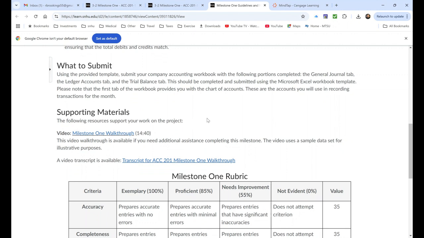And you'll have to fill in 3 different tabs on the spreadsheet. You'll have a tab for general journal, and that tab is when you're going to make your journal entries. And then you'll have ledger accounts where you will total the balances of all the ledger accounts. And then you will have a trial balance. So you're going to fill in those 3, which will be the green tabs.